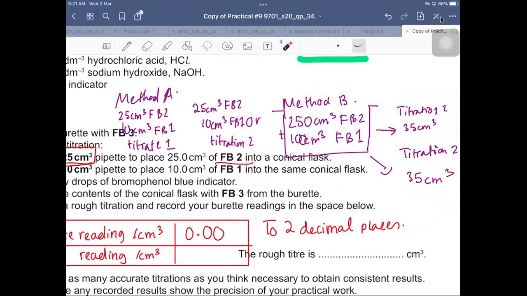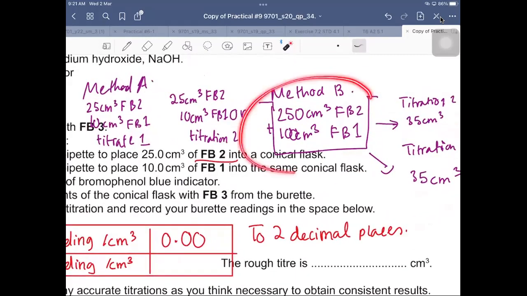The advantage, because we are using a bigger volume, of course, we don't say advantage because it's easier for us, right? That's not an advantage. When you carry out a practical, just because it's convenient for us, it's not an advantage. Because sometimes, even though it's convenient, it doesn't mean that it's more accurate. Okay? So we're not going for convenience here.